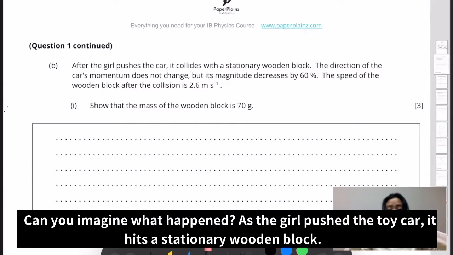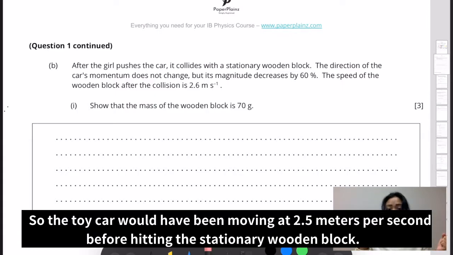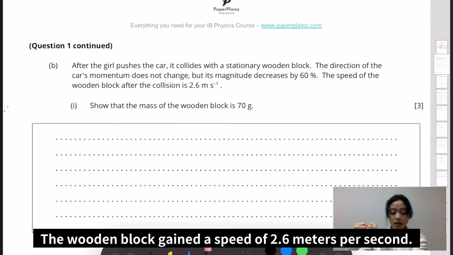So the toy car would have been moving with a velocity of 2.5 meters per second, which is the final velocity from the first problem, and then hitting the stationary wooden block, pushing the wooden block and gaining a speed of 2.6 meters per second.